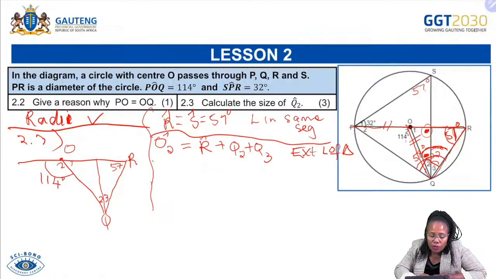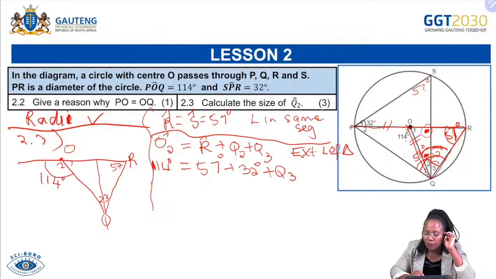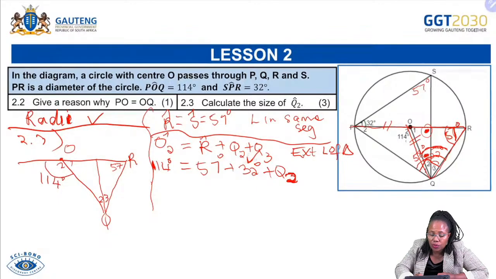And then how much is O2? 114 degrees equals R, 57 degrees, plus Q3, that is 32 degrees, plus the Q2 that we are looking for. Q3 is equal to 32 there.